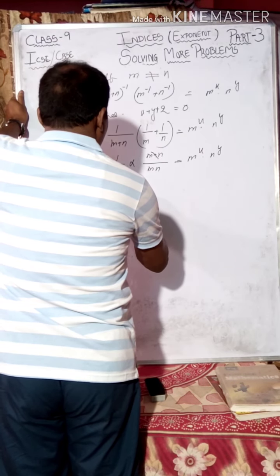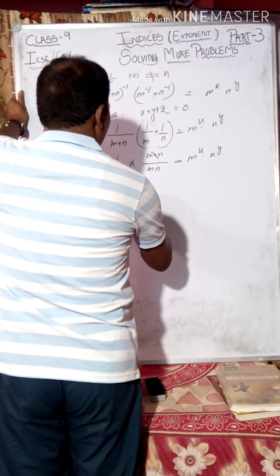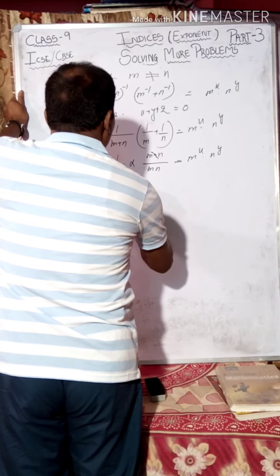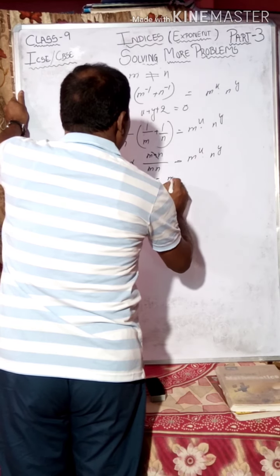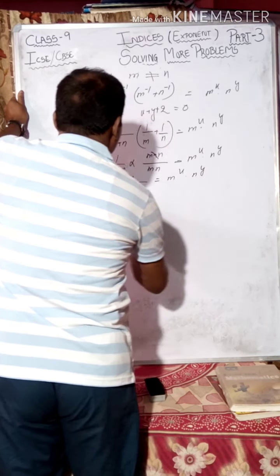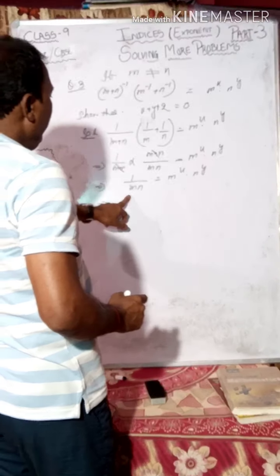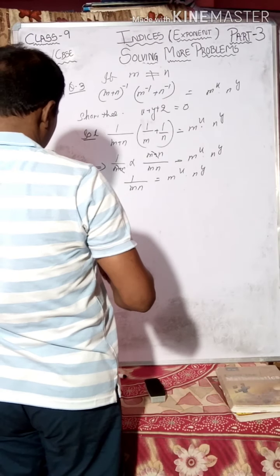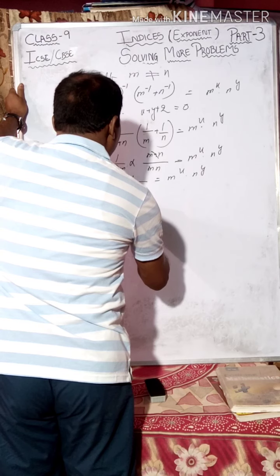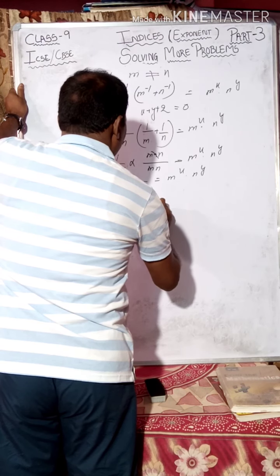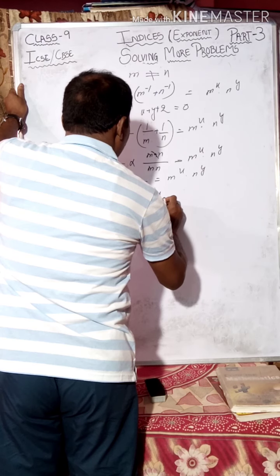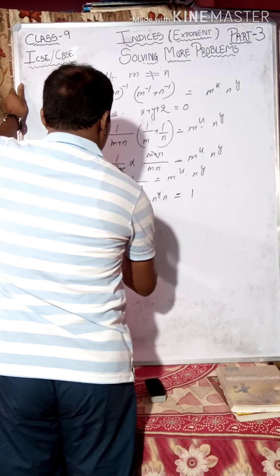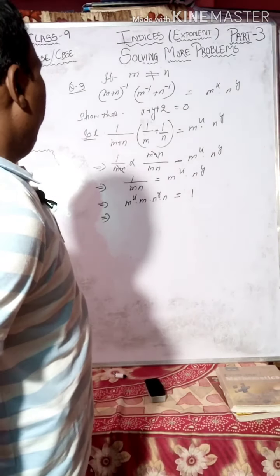So 1 upon mn is equal to m to the power x into n to the power y. This implies that m into m to the power x, n into n to the power y, so m to the power x into m into n to the power y into n is equal to 1.